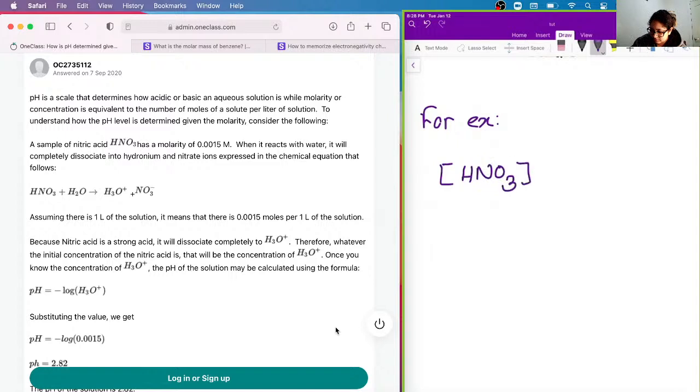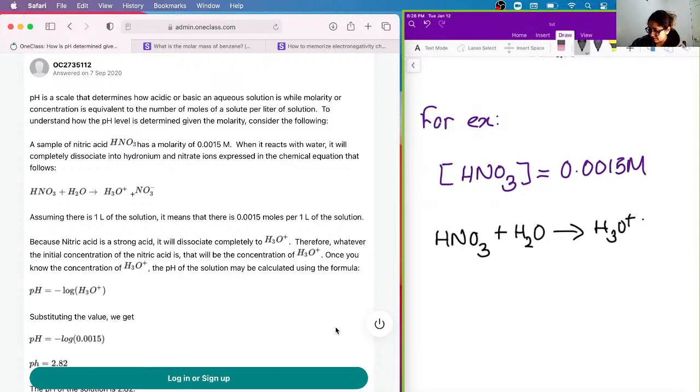[HNO3] equal to 0.0015 molar. When it reacts with water, it will completely dissociate into hydronium and nitrate ions, expressed in the chemical equation that is given. So we can write down the chemical equation, which is HNO3 plus H2O gives you your hydronium ions, H3O plus, and plus your nitrate ions, NO3 negative.